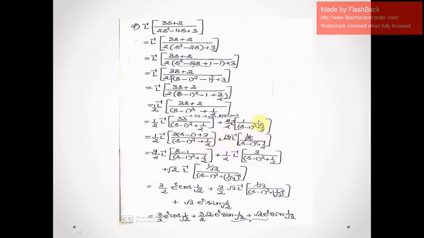And we'll come to the second term here. There is no s, so I can't apply the formula for s by s square plus a square. I can only arrange for a. A is possible, only I have to multiply and divide based on my a. If I have to make it as a by (s square plus a square), I should identify the a first. This is a square plus a square.